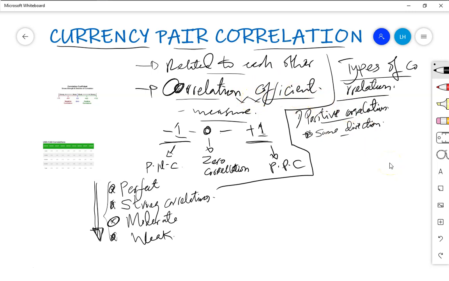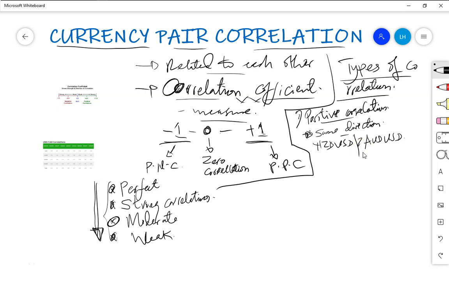The common example of currency pairs that show positive correlation include NZDUSD and AUDUSD. These show a positive correlation, and basically their correlation changes based on time.